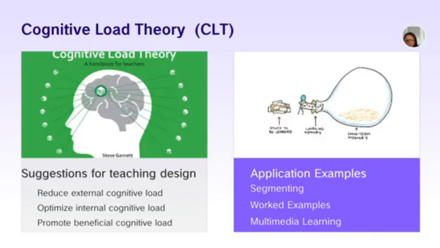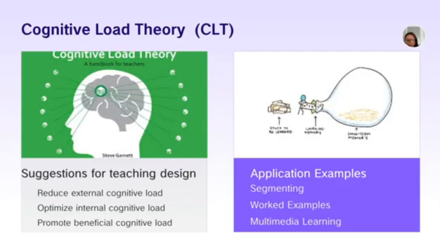In practical application, several typical application examples of CLT theory include segmentation, worked examples, and multimedia learning. Segmentation breaks down complex content into small pieces to help students gradually master knowledge.